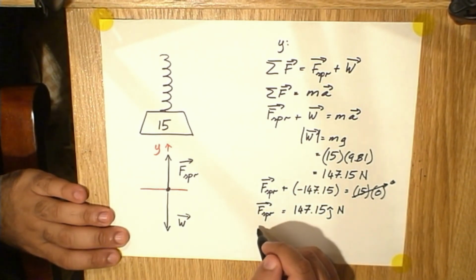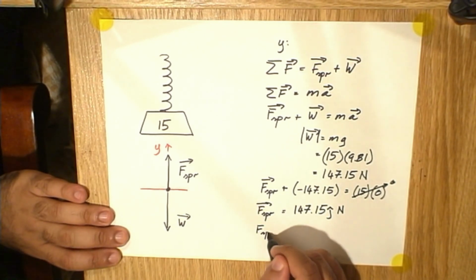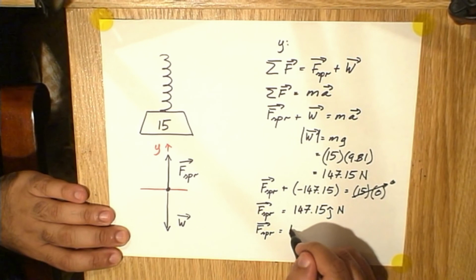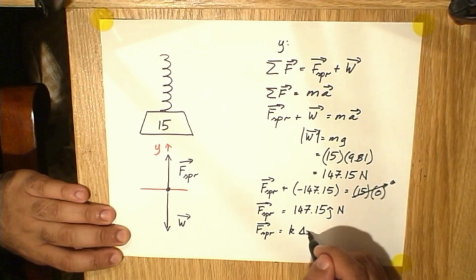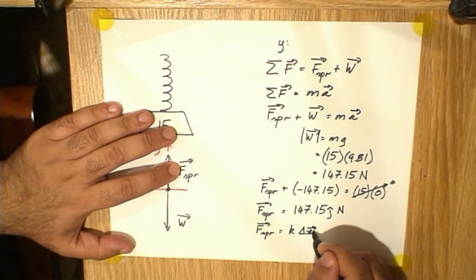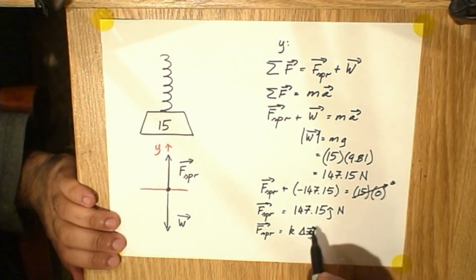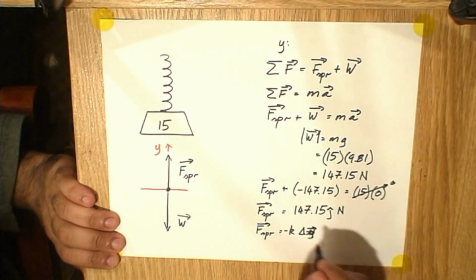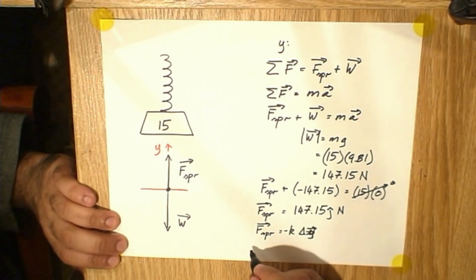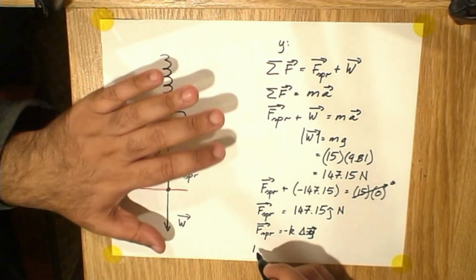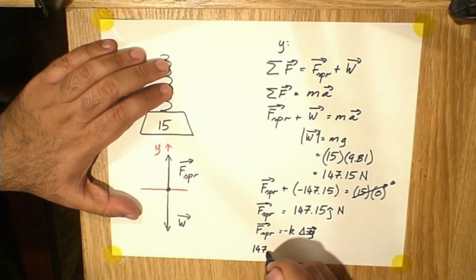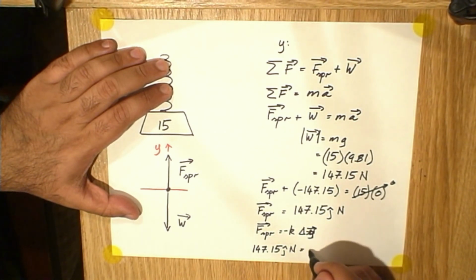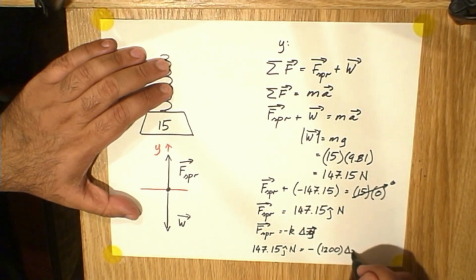So Hooke's law tells us the relationship between the spring force and the elongation of the spring, or let's call it in this case delta y, since it's in the y direction. Then that means that we just need to take this value, 147.15, that's the force that the spring is exerting, and that's going to be equal to negative k, which we were told was 1200, times delta x.